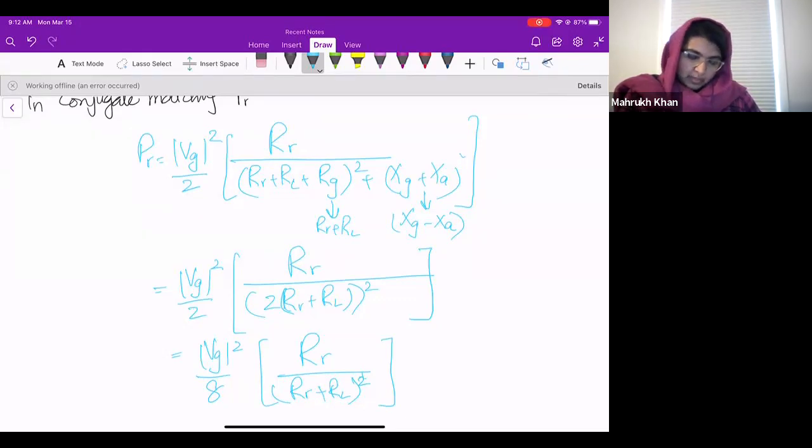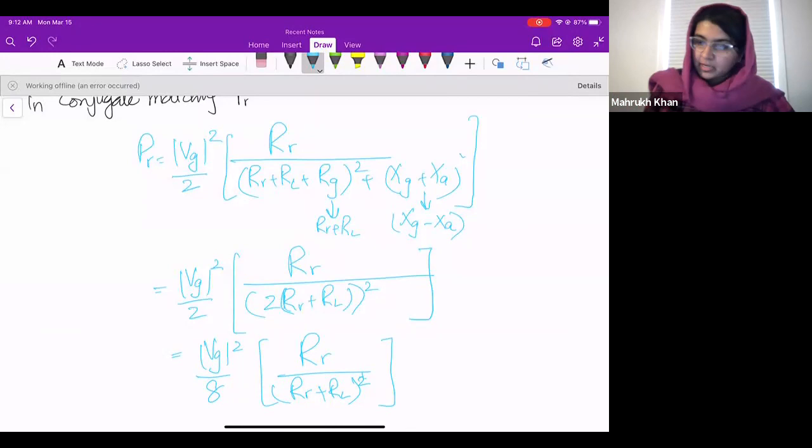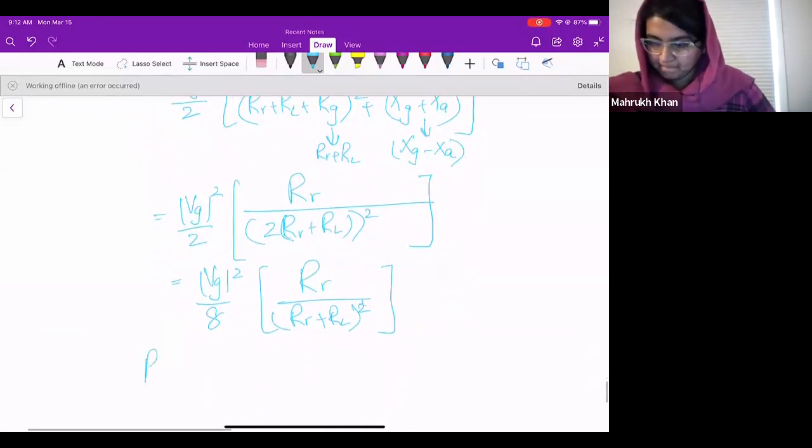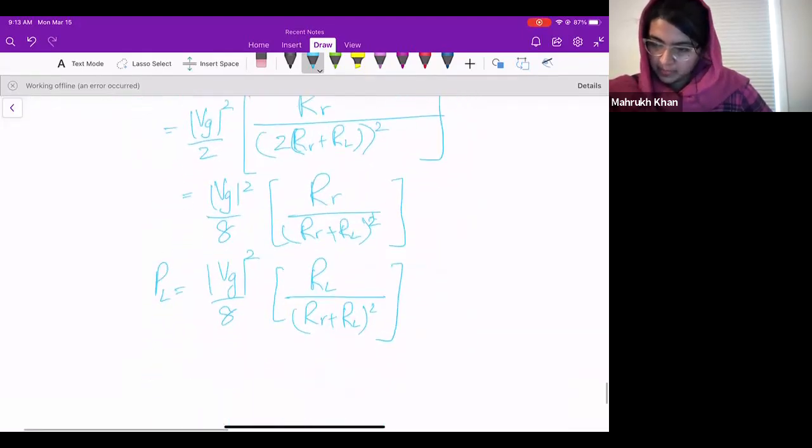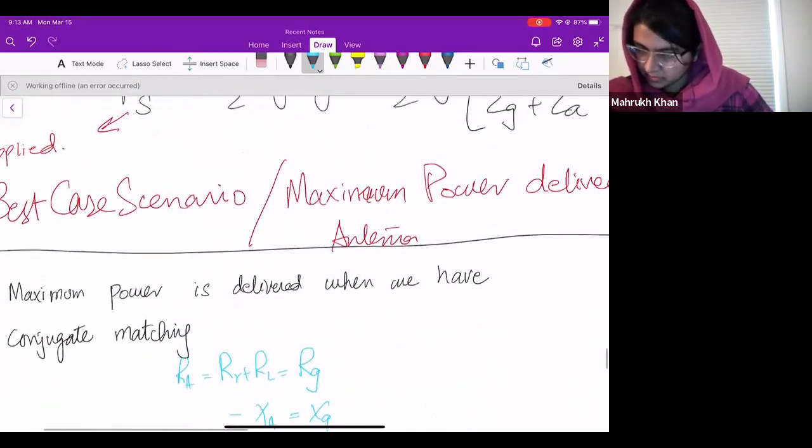Okay. And if I replace the same thing in PL as well, it will also become like this. And the only difference will be RL here. PR, PL, and PG is a little bit different. Let me see what is the difference.